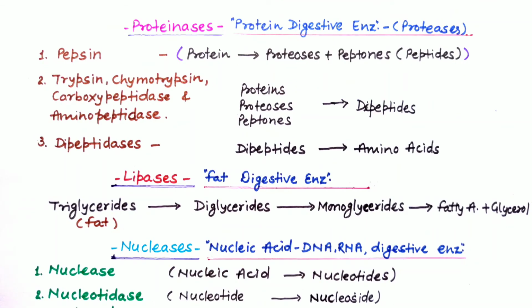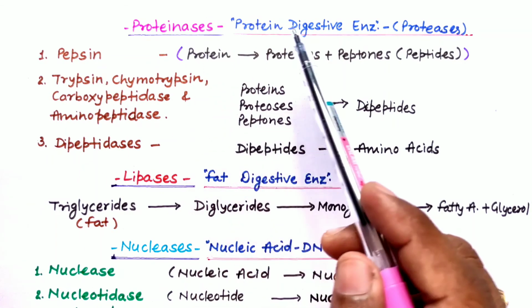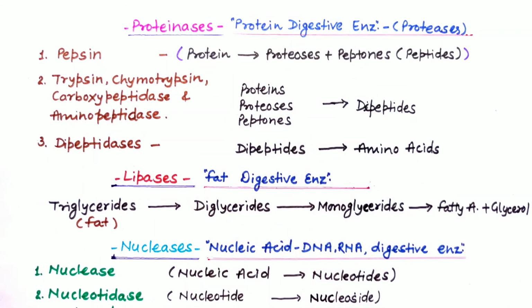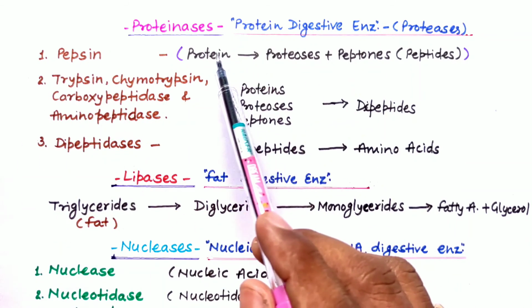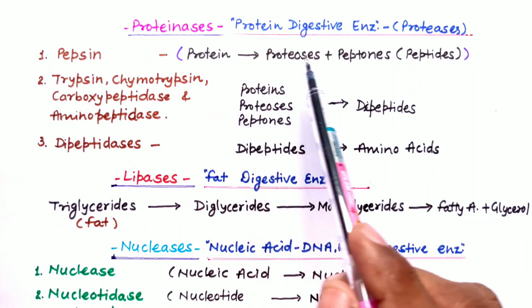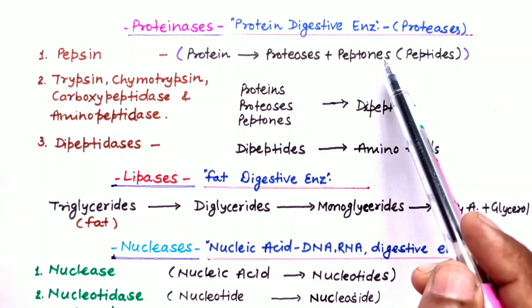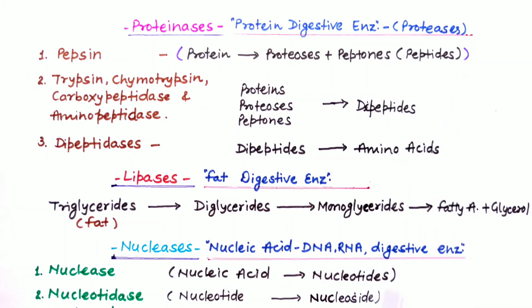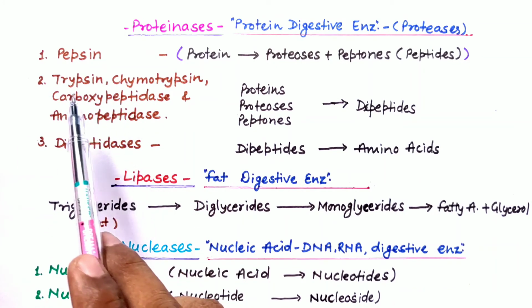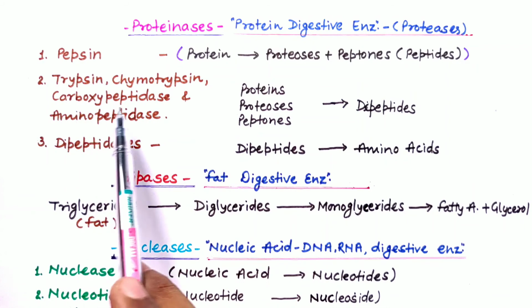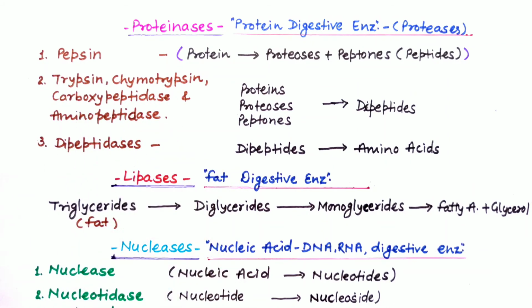Now the second category under hydrolases is proteinases. These are protein digestive enzymes, also known as proteases. There are a number of enzymes here. Pepsin is responsible for conversion of proteins into proteoses and peptones or peptides. The next category includes trypsin, chymotrypsin, carboxypeptidase, and aminopeptidase.